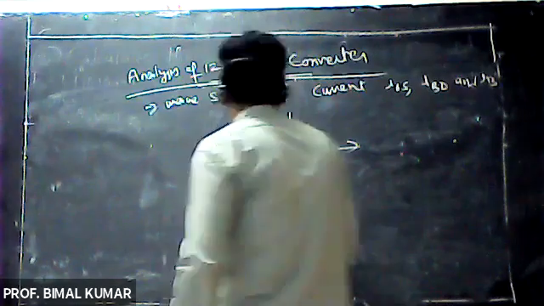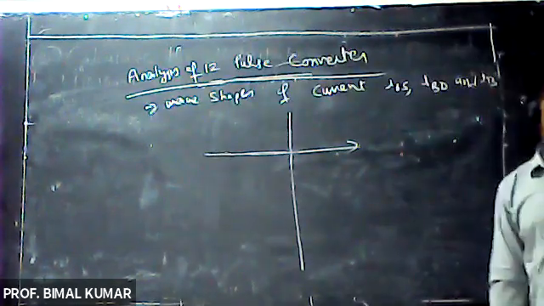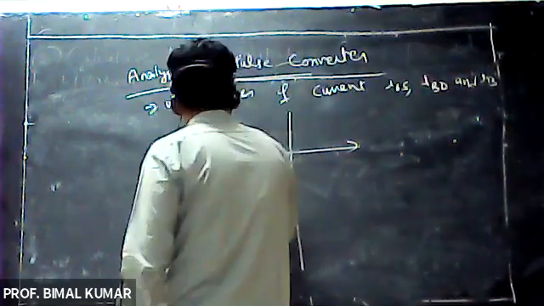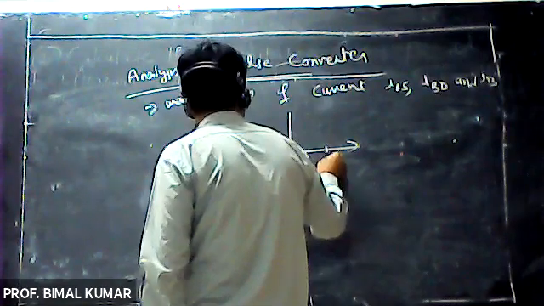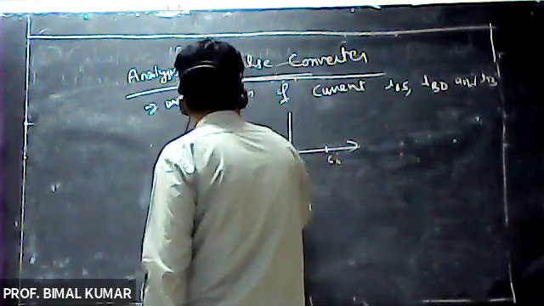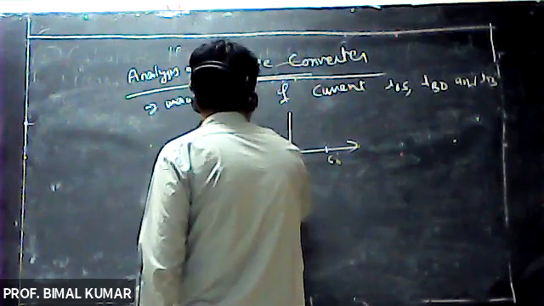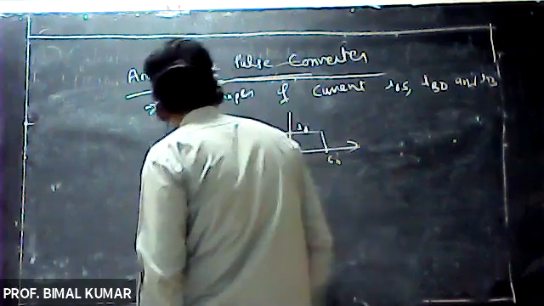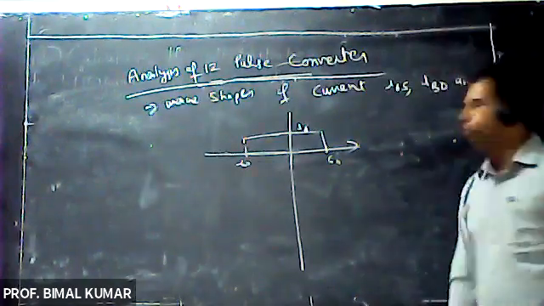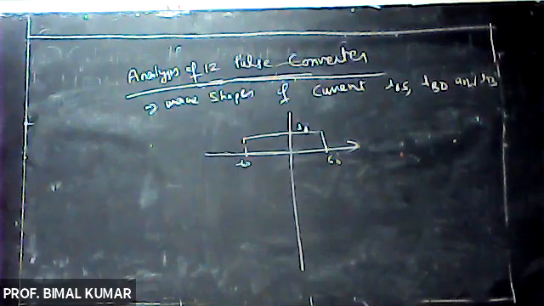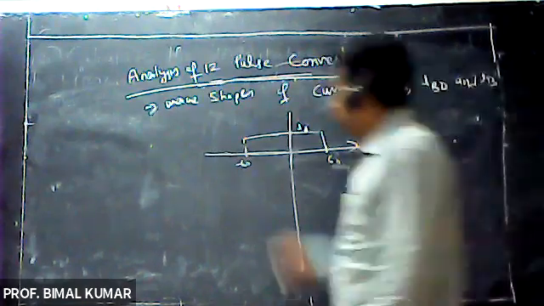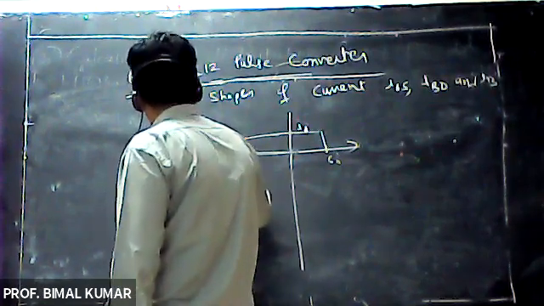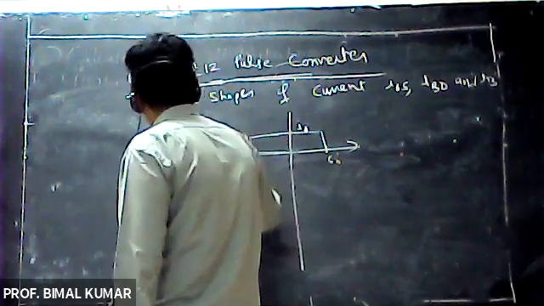Now, in case of the IBS, you will get a constant output of the value ID from minus 60 degree to 60 degree, right? And from minus 60 to minus 120, it will be 0.